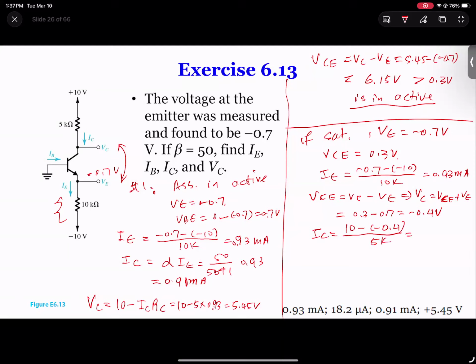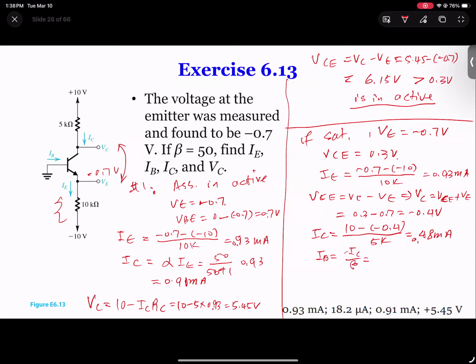That gives you 9.6, right? So 0.48 milliamps. So now we found IC, and we can calculate IB, which is IC over beta.